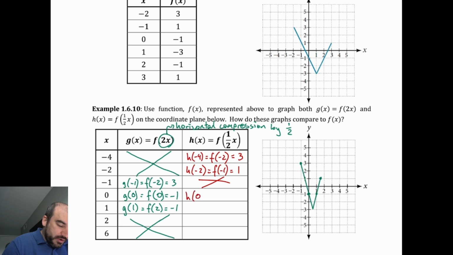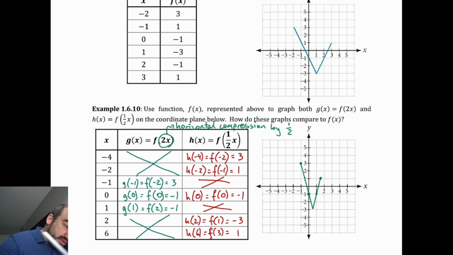H of 0 we should be able to do. Multiplying the 0 by 1/2, we get f of 0. F of 0 was -1. This again will not show up on the original table. H of 2 will become f of 1 when multiplied by 1/2, and that from the table is -3. And then h of 6 will be f of 3, which from the table is 1.